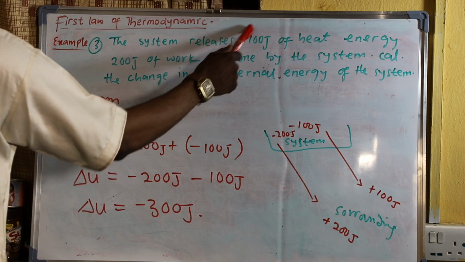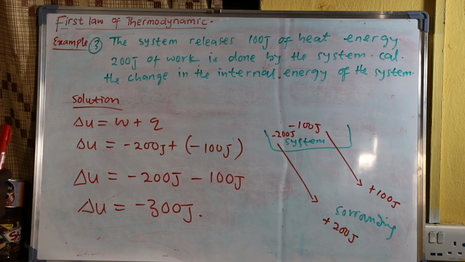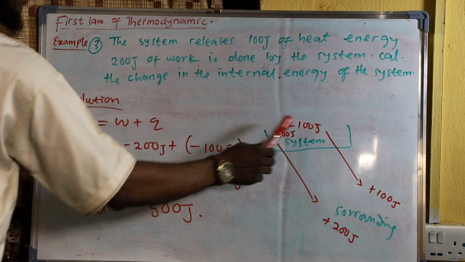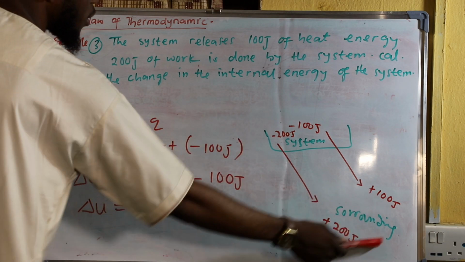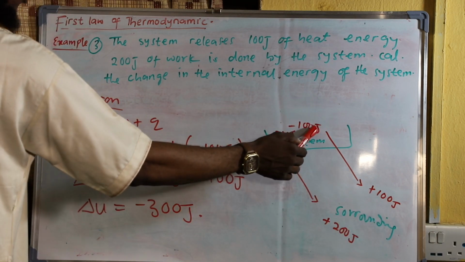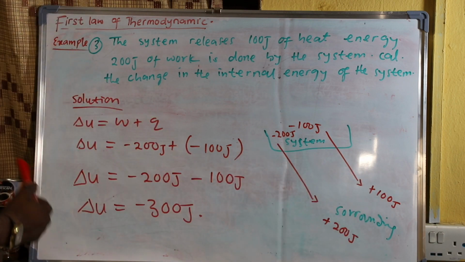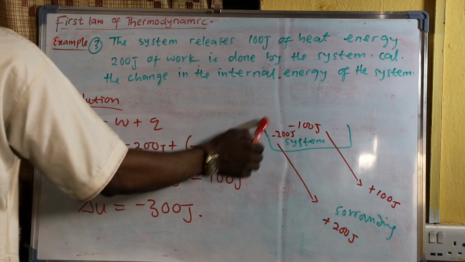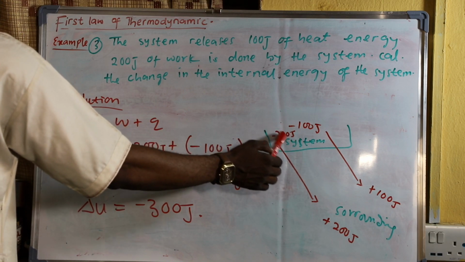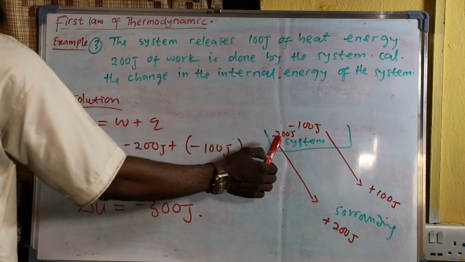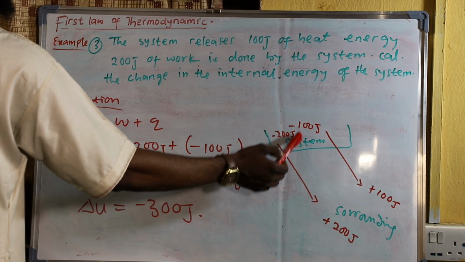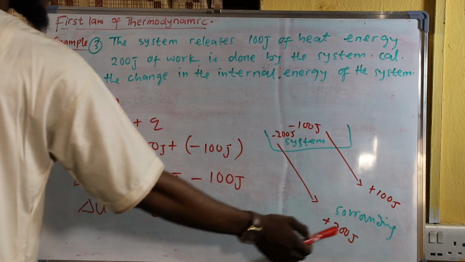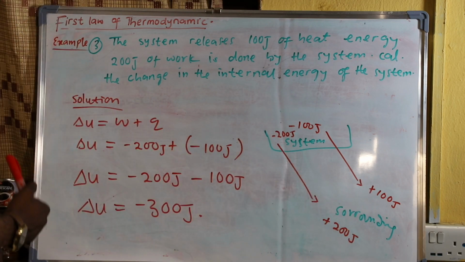The system releases 100 joule of heat to the surrounding. Now the system loses 100 joule and the surrounding gains 100 joule of heat. And again, the system does work of 200 joule. That means the system loses minus 200 joule of work and the surrounding gains 200 joule of work.